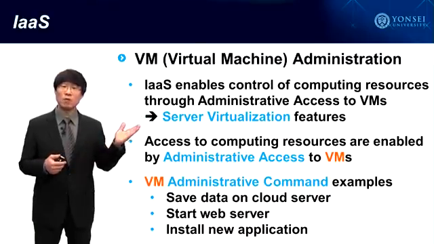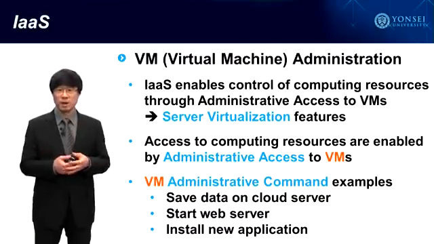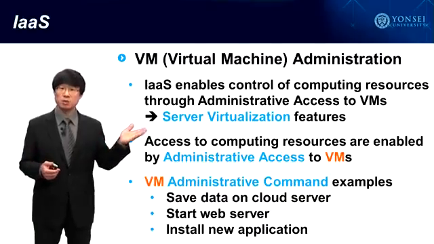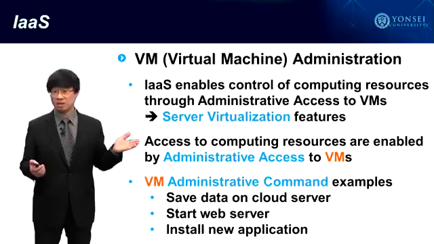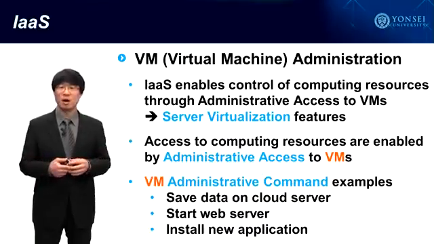Server virtualization features are provided through this technology. A virtual machine administrative command example would be save data on the cloud server, start web server, or install a new application.